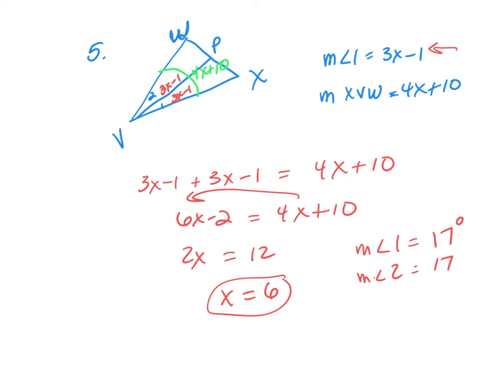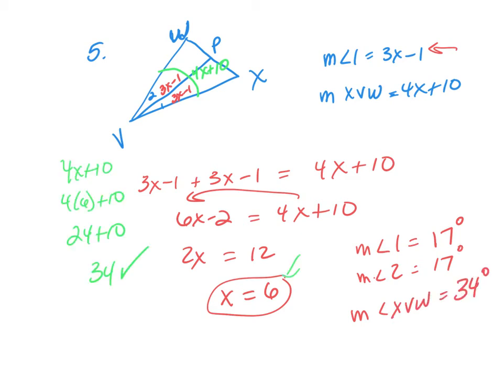And what do you think if they asked me for the measurement of angle XVW? What do you think it's going to be? If they did ask me for x equals, that's 6, so that's the answer. But they could ask me for any one of these 3. And if they do that, then I have to plug that x into those numbers, okay?